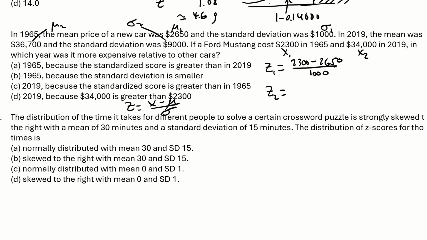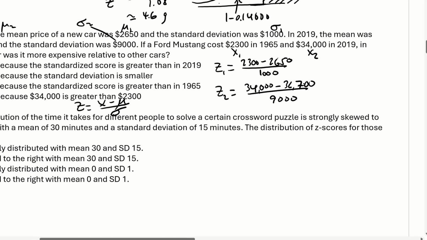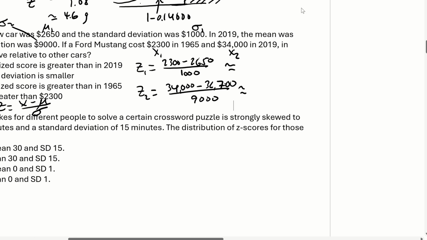And then z2 is x2, which is 34,000, minus mu2 divided by sigma 2. All right, so let's calculate these two z-scores to see what we get.